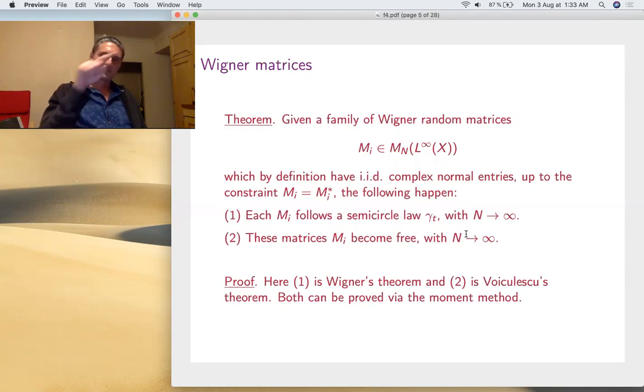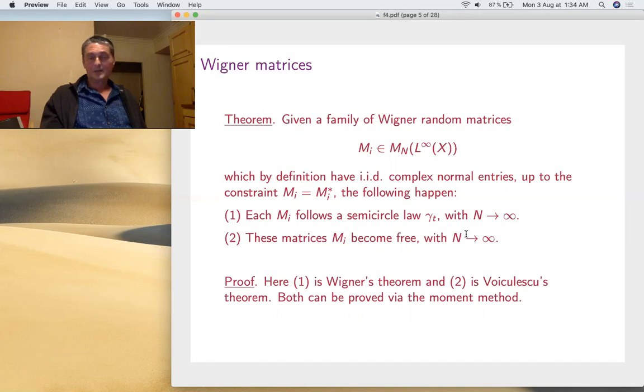So the strictly upper triangular part is arbitrary IID. On the diagonal, you put real entries, also IID. The lower triangular part is the reflection of the upper triangular part, with the star operation. And so these are the Wigner matrices. Now, Wigner's theorem is that each M_N follows a semicircle law, gamma t, depending on the variance of the entries.